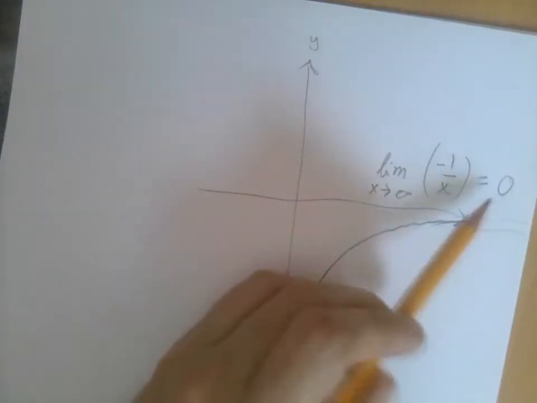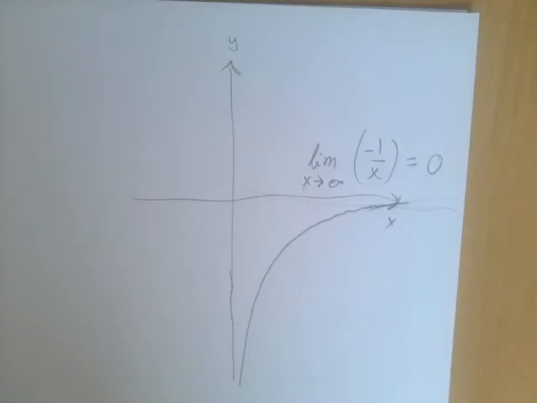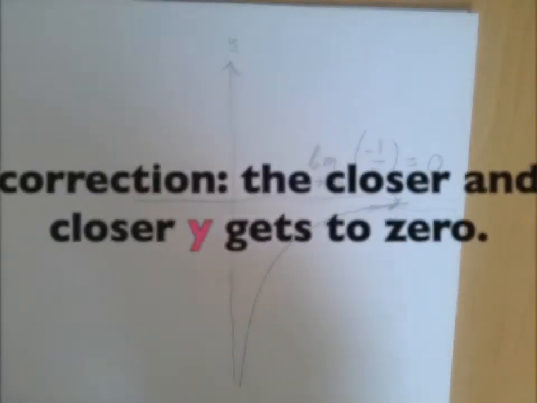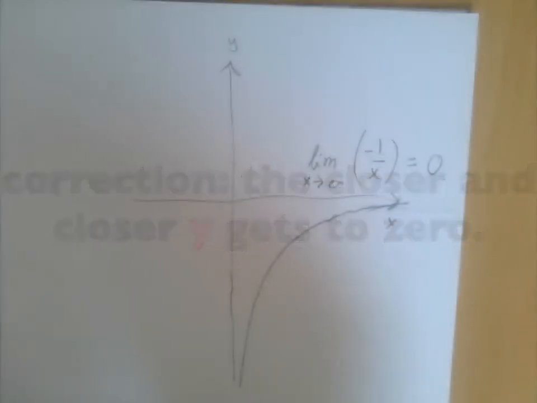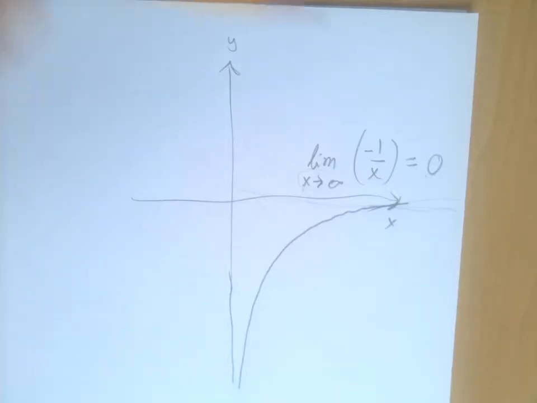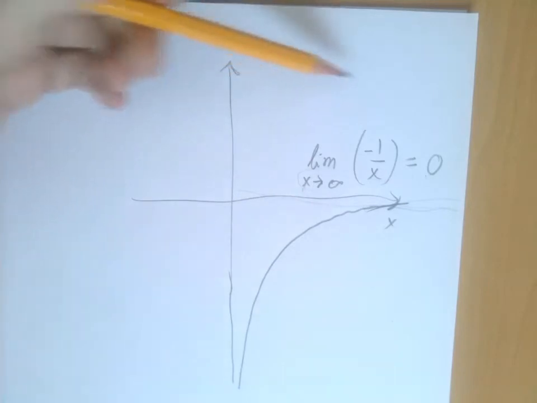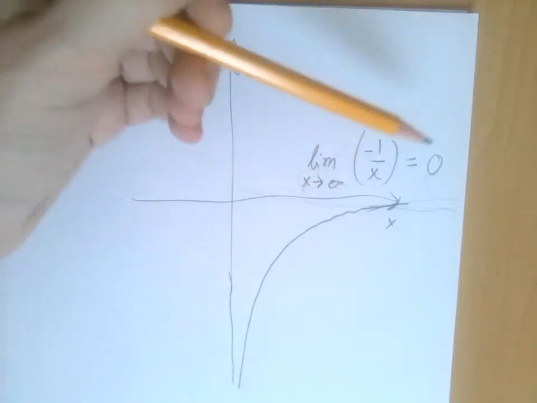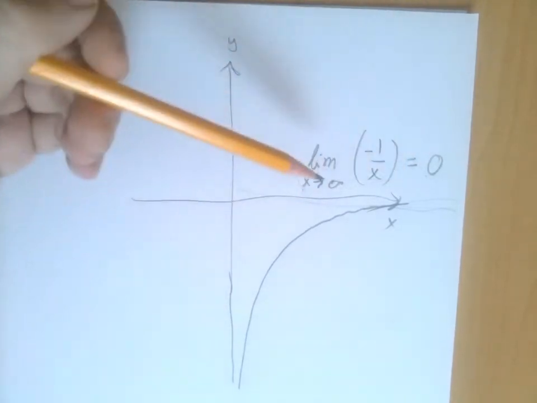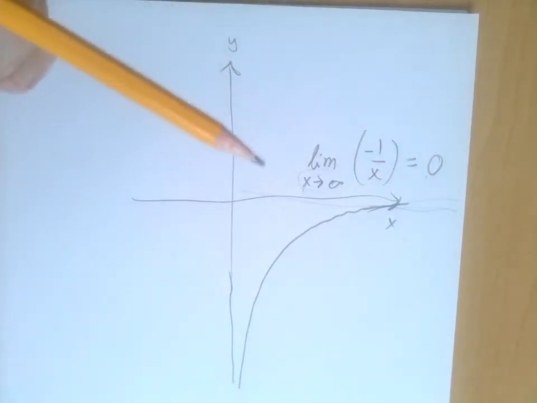And the limit being 0 means that as we take those larger and larger values for x, the closer and closer we get to 0. Well, the problem is that we're also getting closer to plus 3, right? So there is something special about 0, sort of the thing that gets really, really close to.